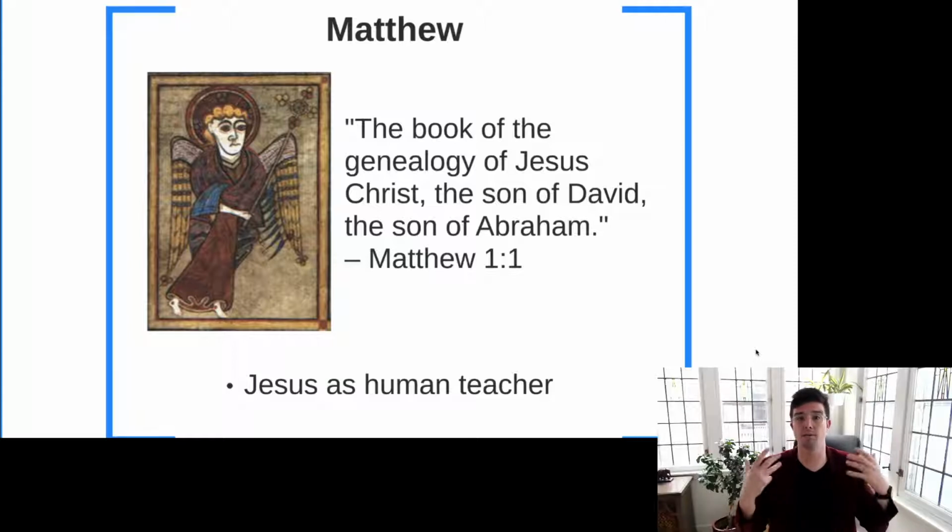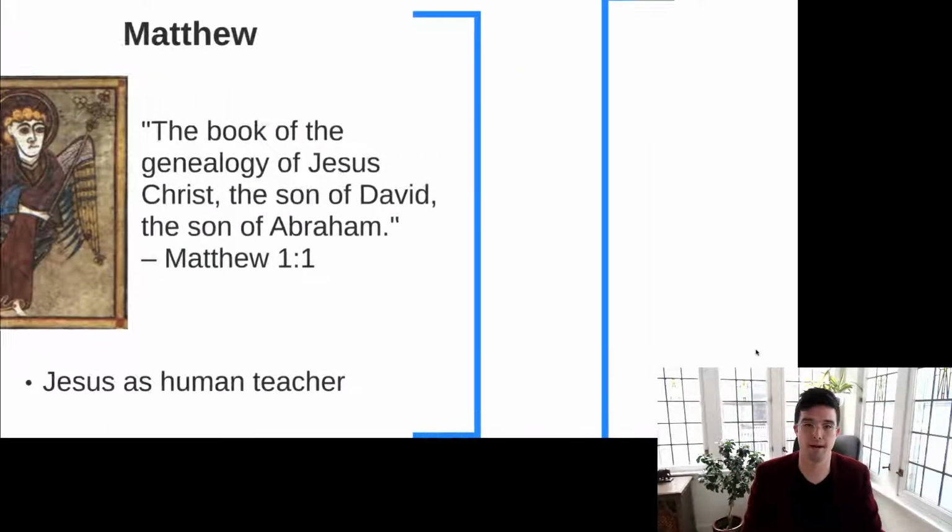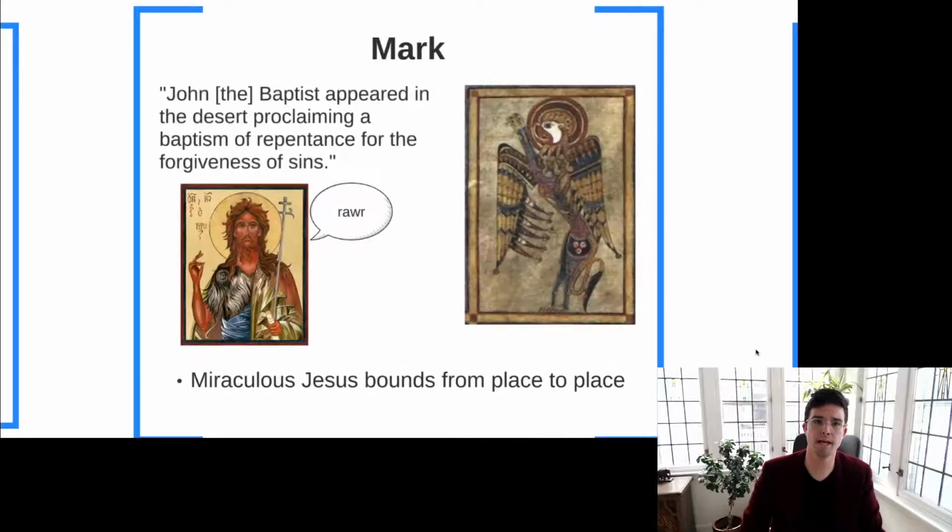In the Gospel of Matthew, one of the themes we find is that Jesus is presented as a human teacher in the line of Moses. We'll talk more about that when we come to Matthew itself. Mark starts with John the Baptist out in the desert proclaiming a baptism of repentance for the forgiveness of sin.